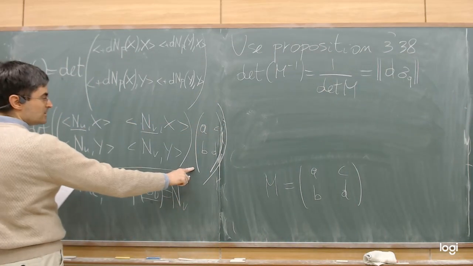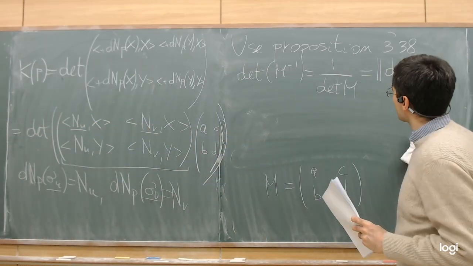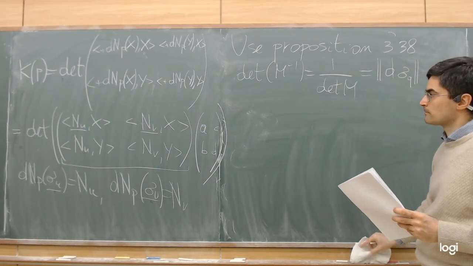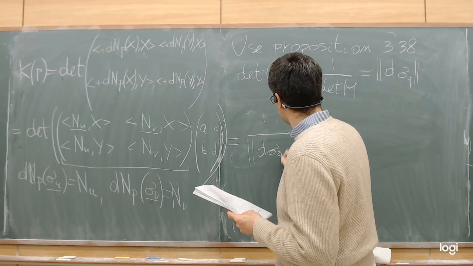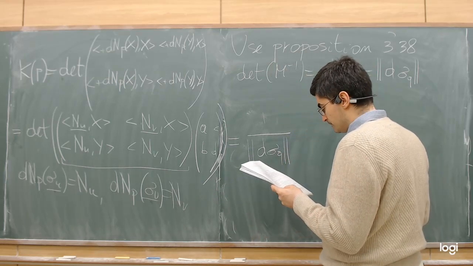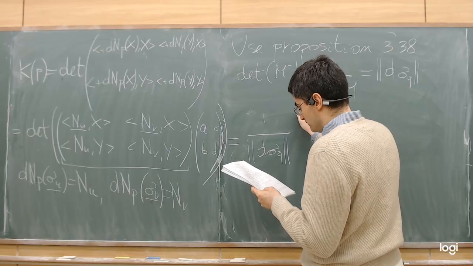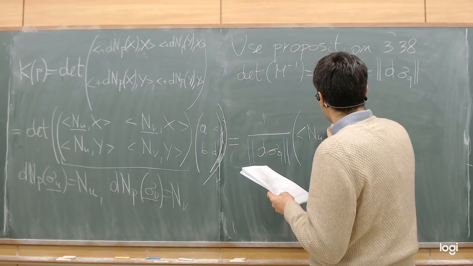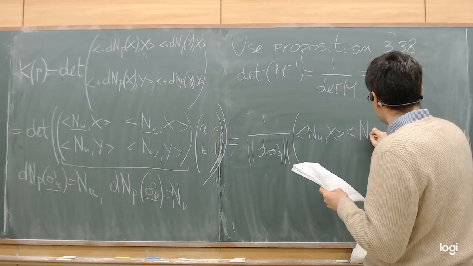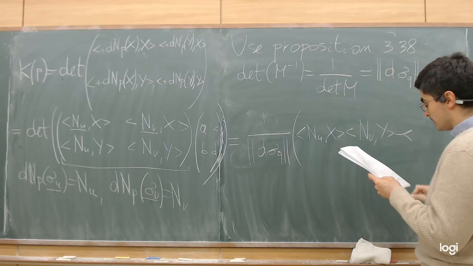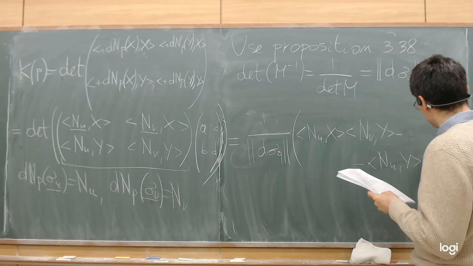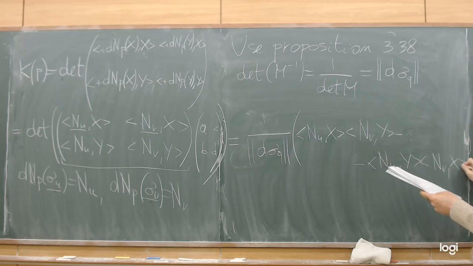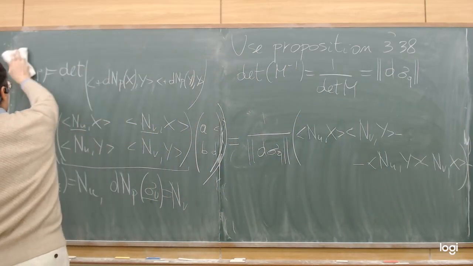So instead of writing this way, we can write one over this term times N_u x and v y and u y and v x. Okay, now I can erase this part.